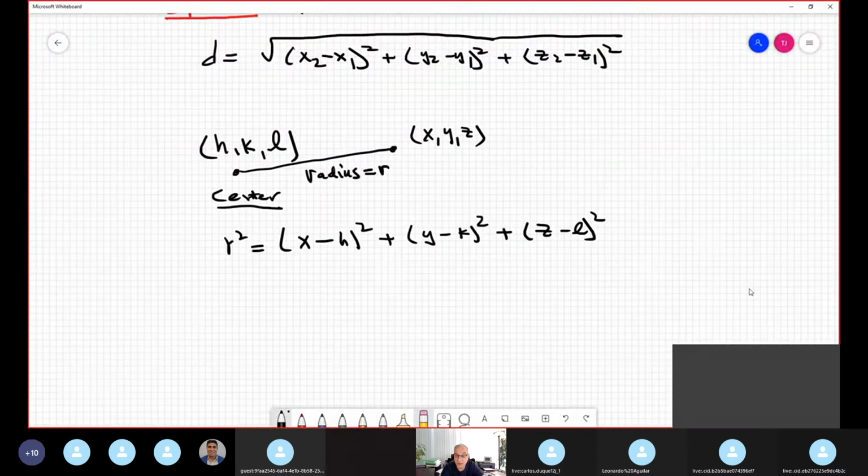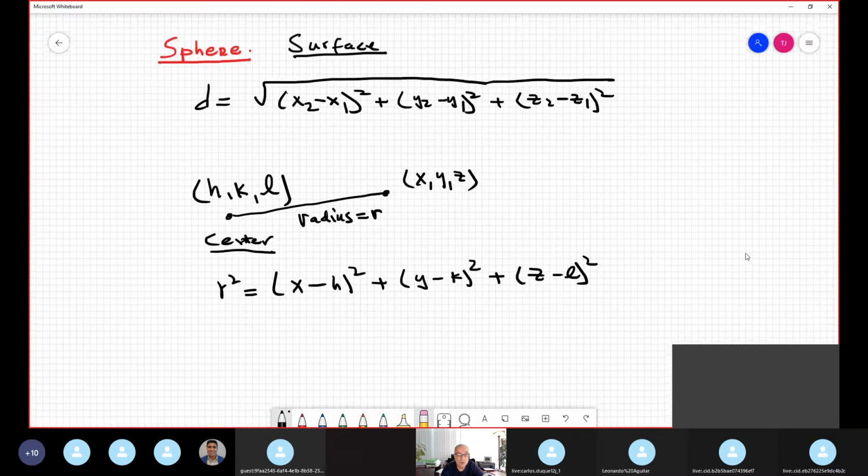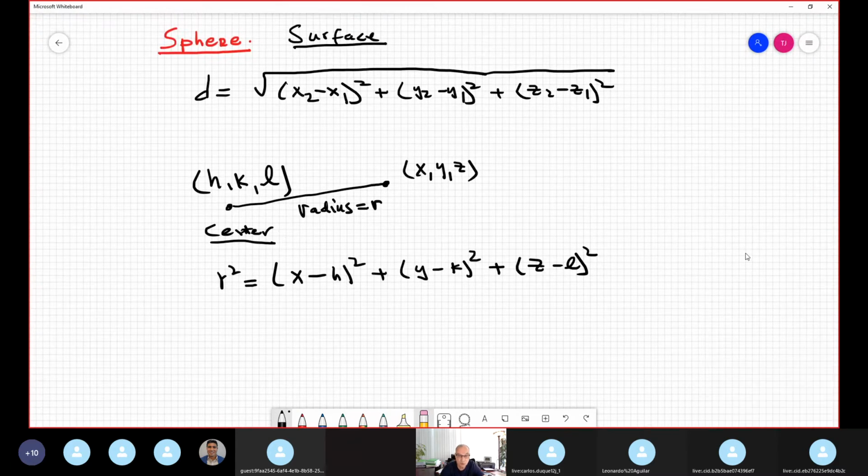Okay, the thing I tried to explain was the sphere. A sphere is a surface. A sphere is like a basketball, right? But not solid. It's hollow.